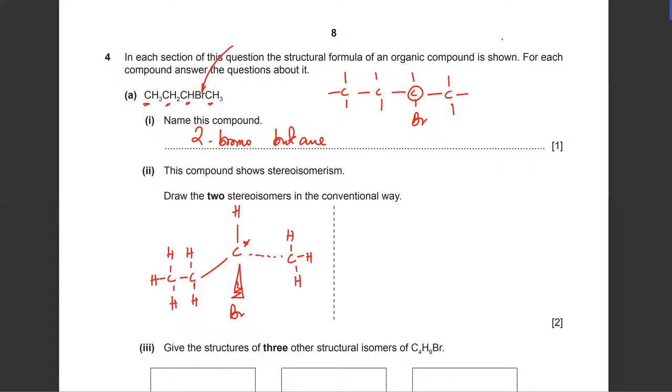So this carbon is the one that's chiral, and you have to draw the mirrored version. So the mirrored version would have the dotted bond on this side, and this would go over there, and this Br would be slightly on this side. Left to right, the CH2CH3 would now be on the extreme right.